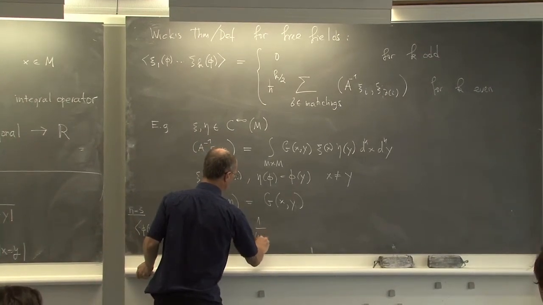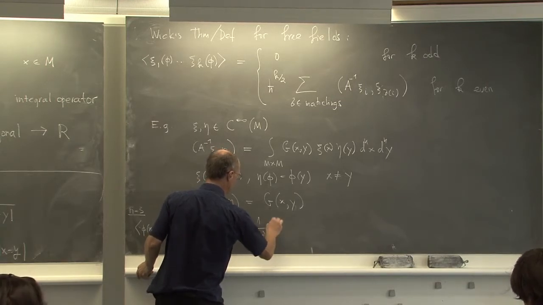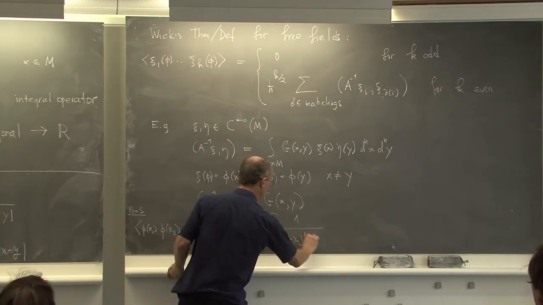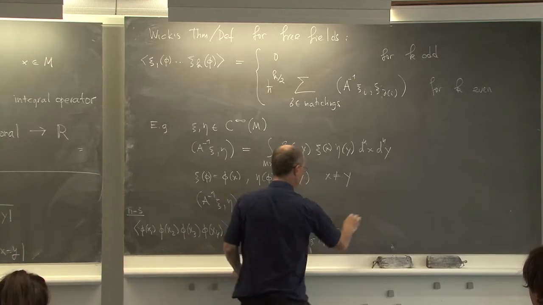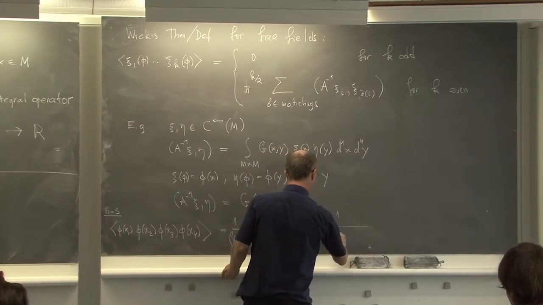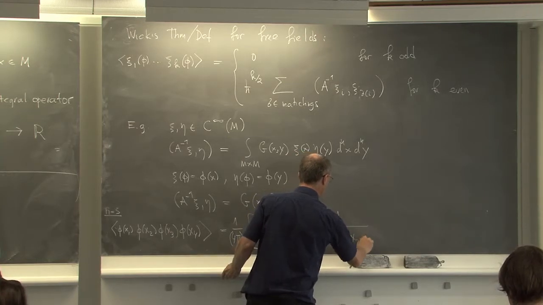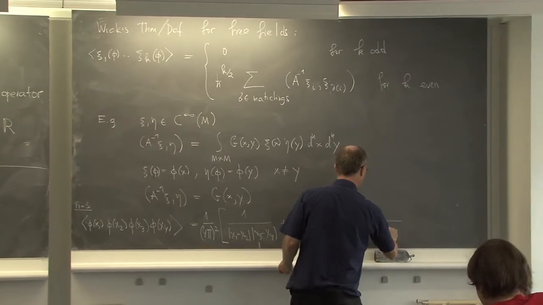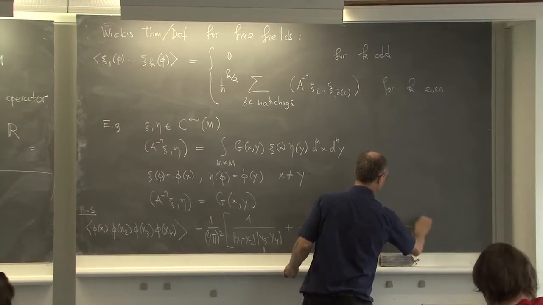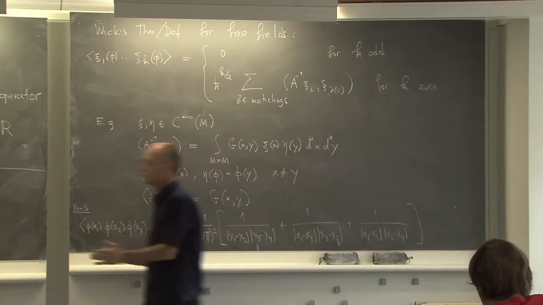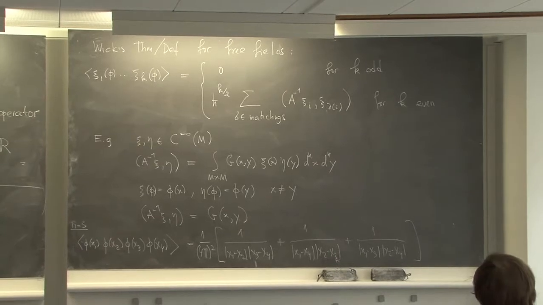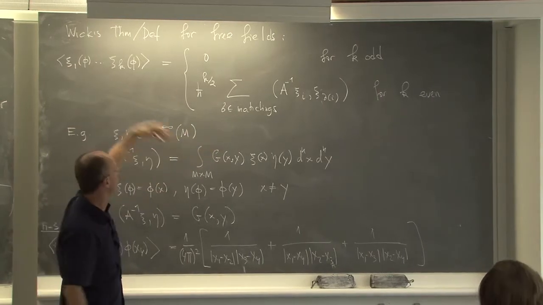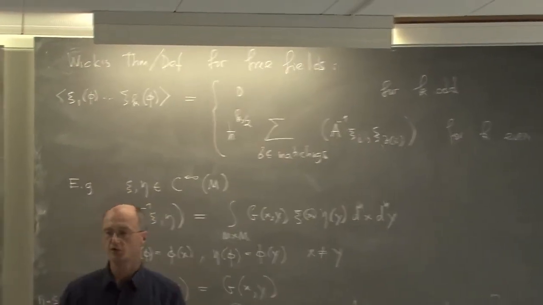This will be 1 over 4 pi squared times 1 over (x1 minus x2)(x3 minus x4), plus 1 over (x1 minus x4)(x2 minus x3), plus 1 over (x1 minus x3)(x2 minus x4). So this is just to show you that these objects are like nice functions. They are not scary at all, right? So it looks like our Wick's theorem works very well.